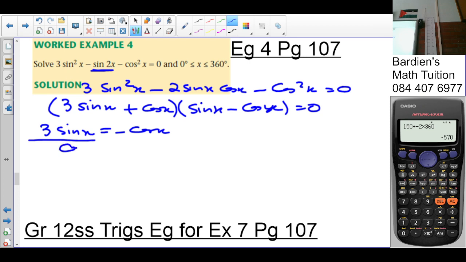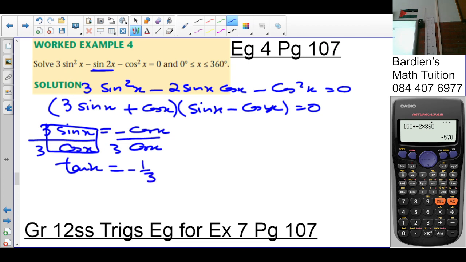So sine over cos is tan. So we divide by 3 as well on both sides. So that is going to give us tan x is equal to negative a third. Or, we get over the equal sign, sine x minus cos x is equal to 0. So sine x is equal to cos x.